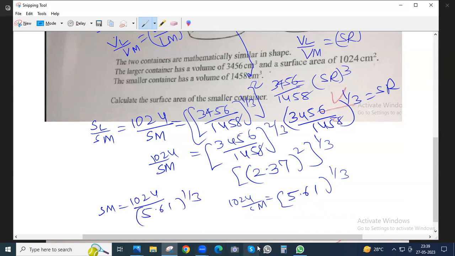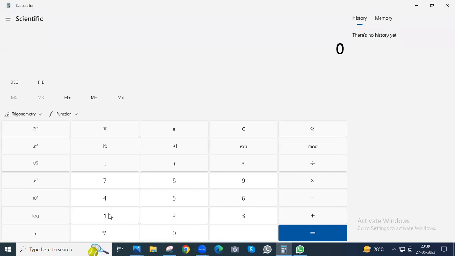Now what is 1024 divided by 5.61 raised to power 0.33, bracket close, on the calculator.